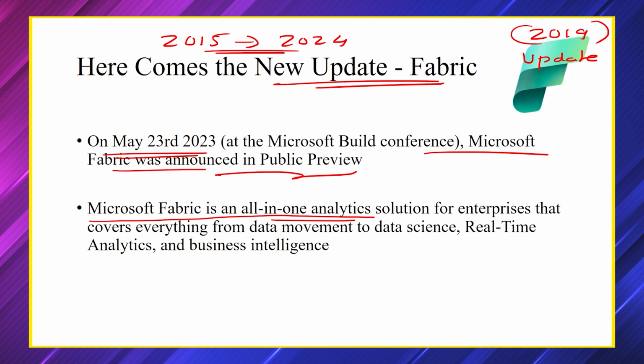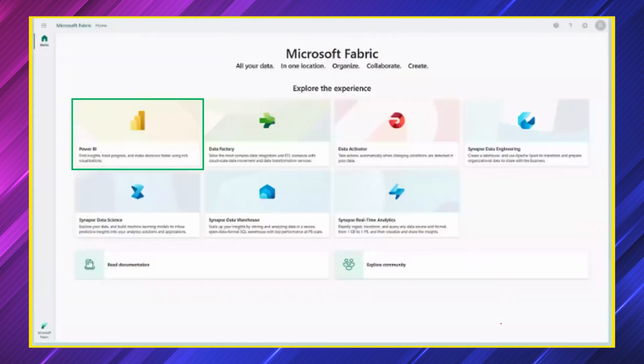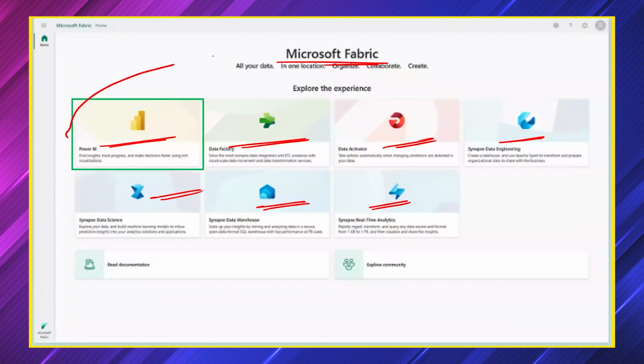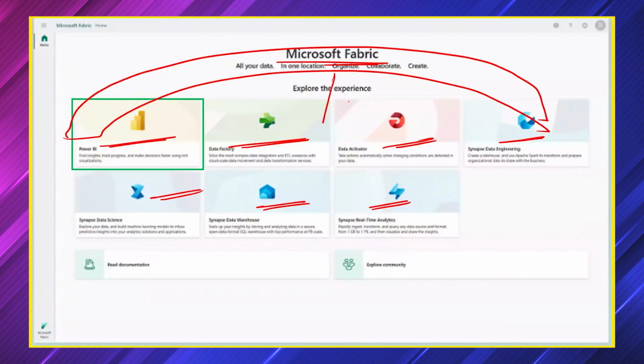That's where this update was a major update. Now we need not depend on Azure. Whatever we were able to do in Azure, I'm able to do again in Fabric. Microsoft Fabric started using Power BI, Data Factory, and some of the Azure components, and all this came together under one umbrella.